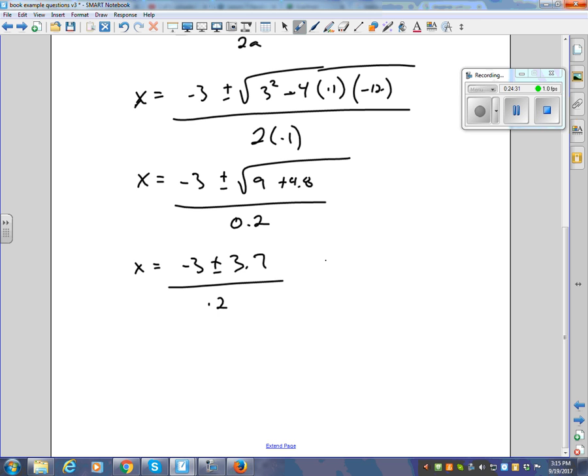So you have to go minus 3 plus 3.7 over 0.2, and minus 3 minus 3.7 all over 0.2. So that's going to give you 0.7 over 0.2, which is 3.5 seconds.